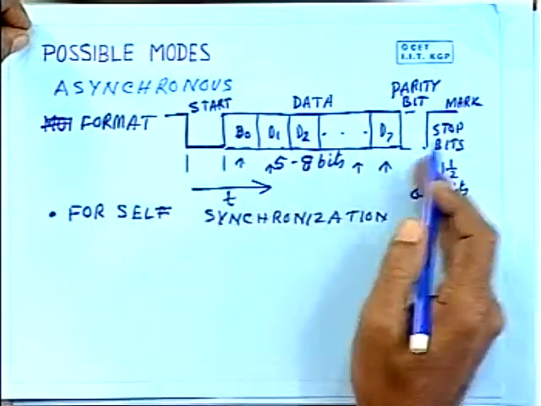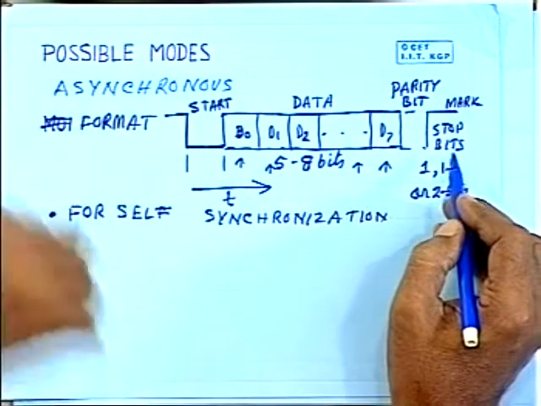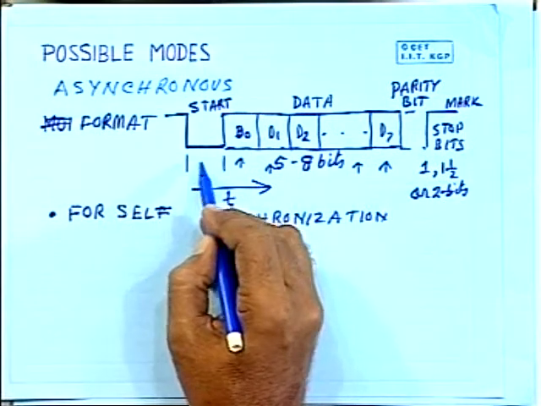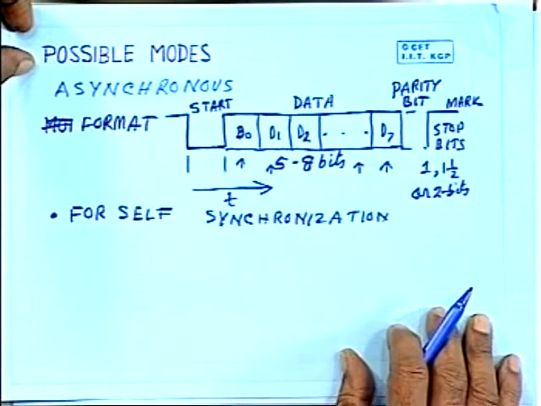After that, data may not be sent for some duration, and whenever another data is sent, again it begins with a start bit. So, each character is synchronized with the help of a start bit. That is why I am calling it self-synchronizing.